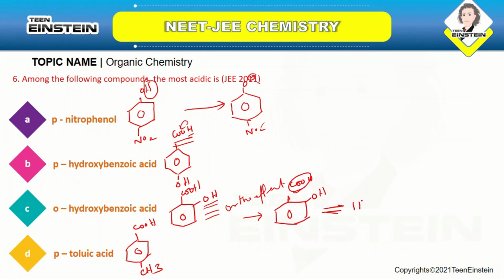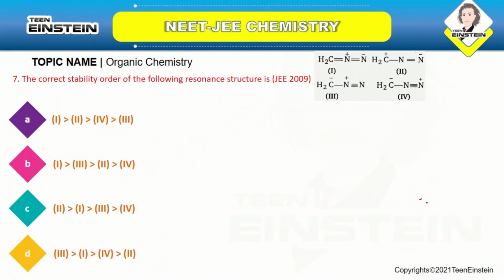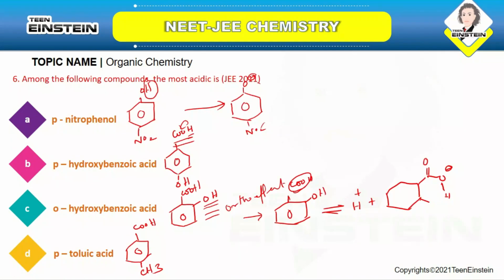So here removal of H plus takes place, and the structure is stabilized with this hydroxy group. So option C is more acidic compared to A and B.